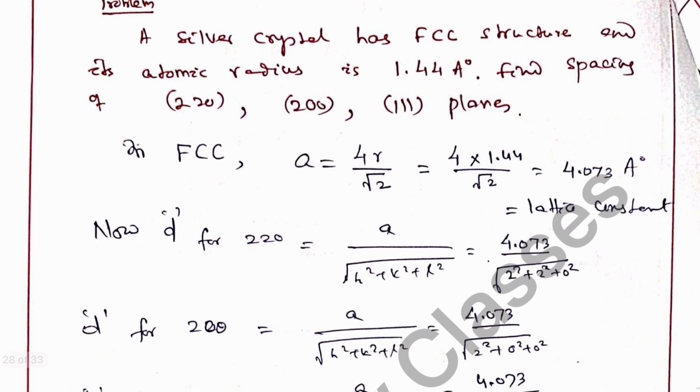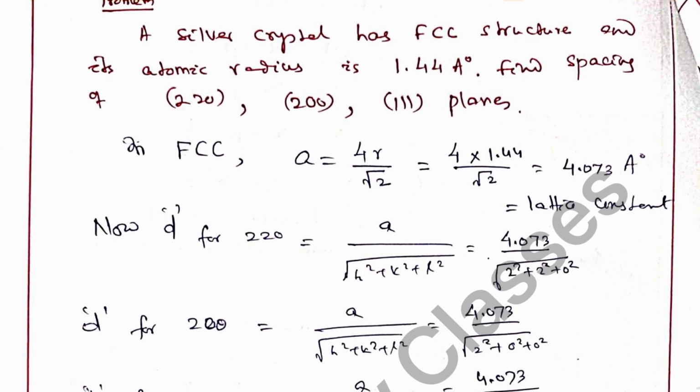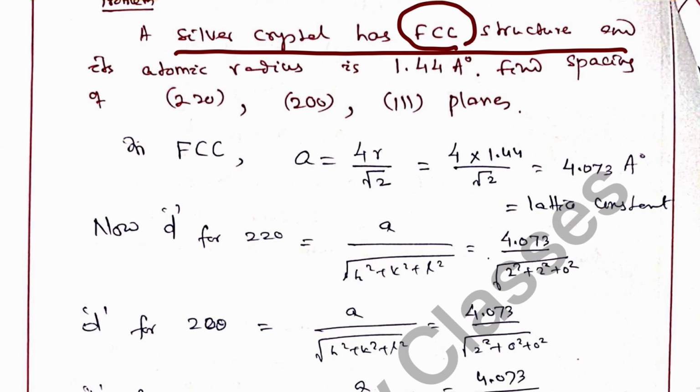Let us see a problem. A silver crystal has FCC structure, face-centered cubic, and its atomic radius is 1.44 angstrom.